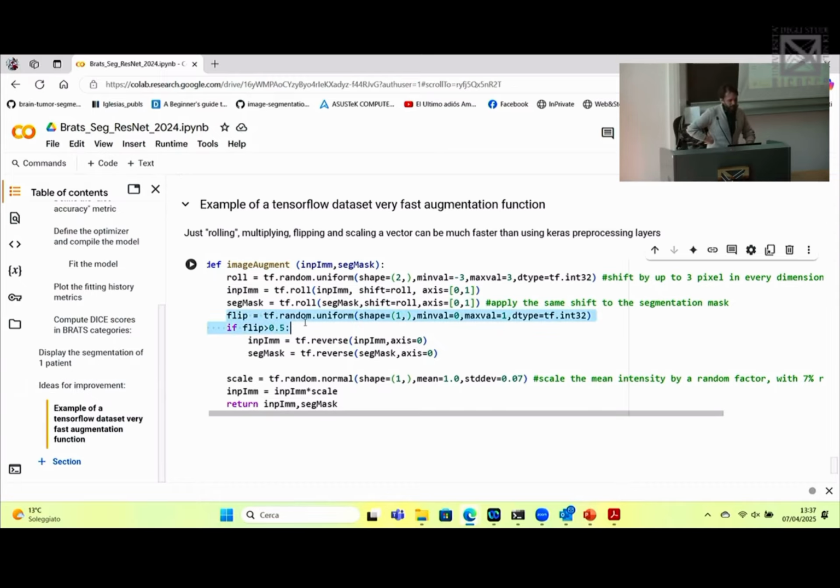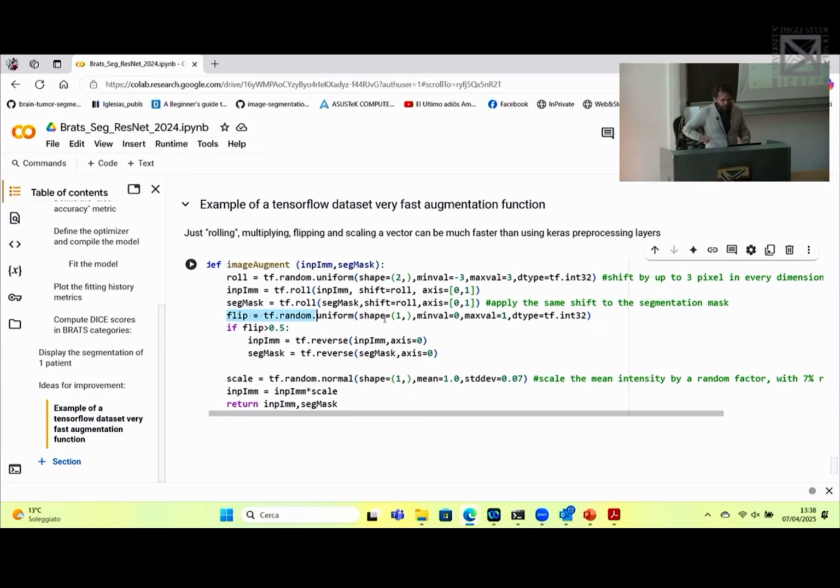Then we have flipping, because our brains, at least at the visual level, are symmetric from left to right. They actually don't work perfectly symmetric, but whatever. And so you can flip along these axes, and so the network will learn not to focus on certain features, on recognizing single patients more easily.